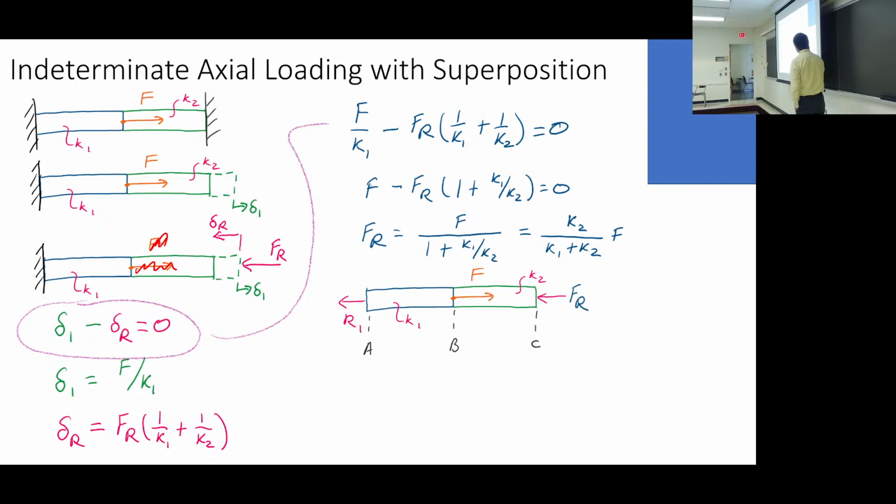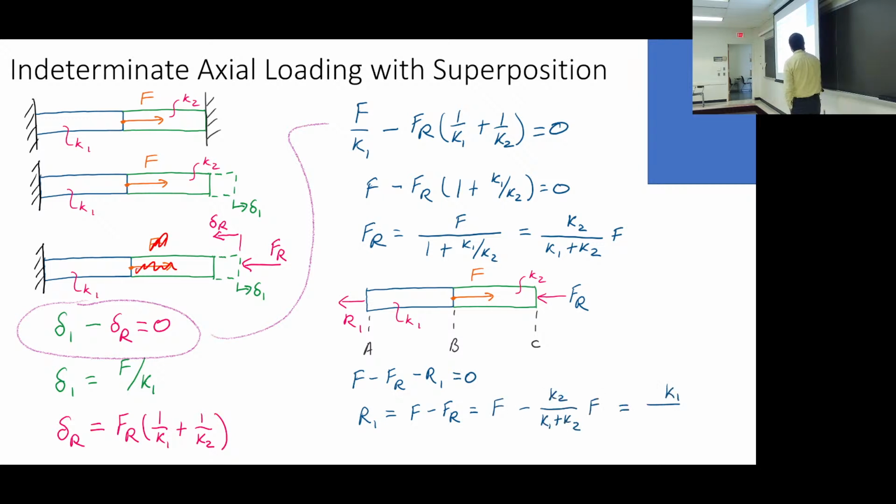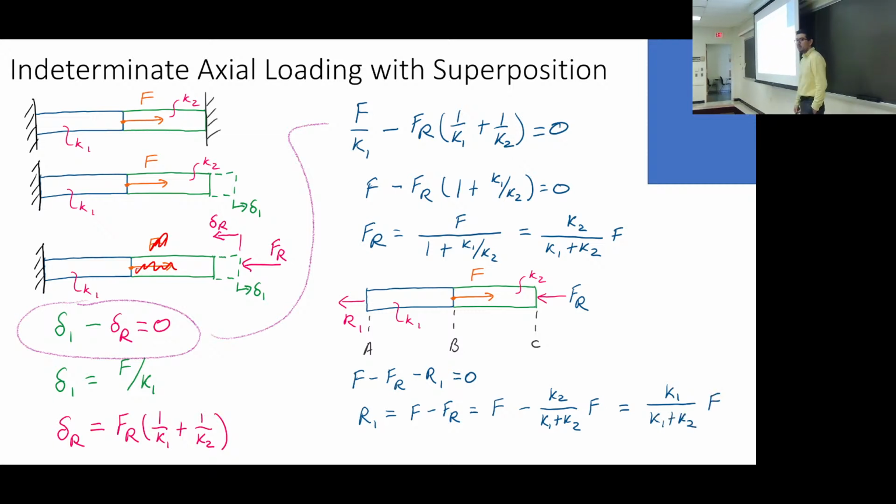So this is just rewriting things and using equilibrium, and we get that R1 is equal to this, which we got here. This answer is exactly the same as what we just got from the other technique, using geometric compatibility.